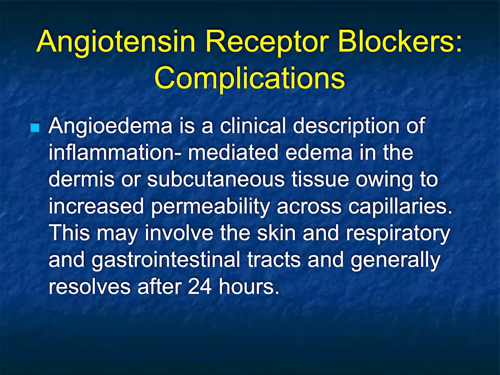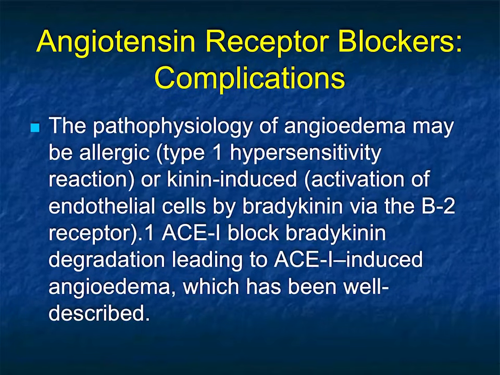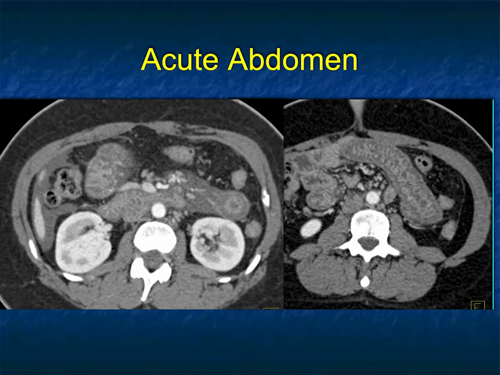It may involve the skin and respiratory and GI tract, and generally resolves after 24 hours of discontinuing the medicine. Patients who are very sensitive can take one dose of the medicine and get this severe angioedema, which this patient had. Again, very impressive CT scan.